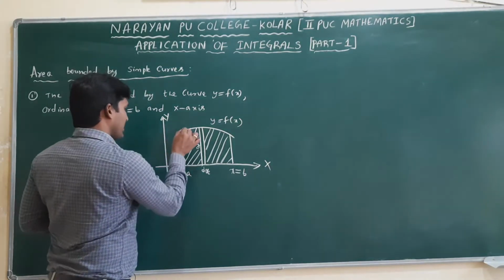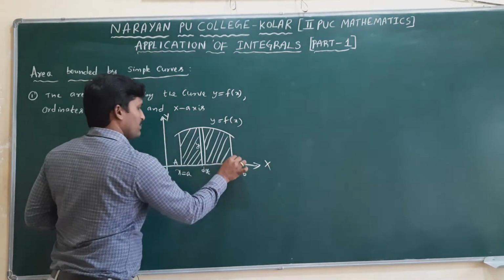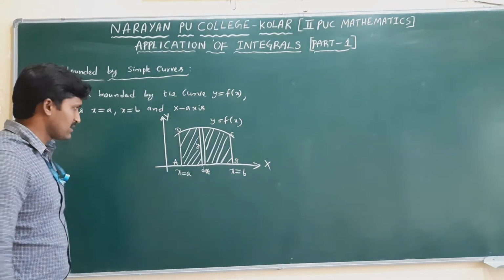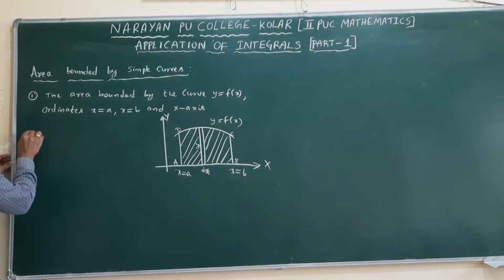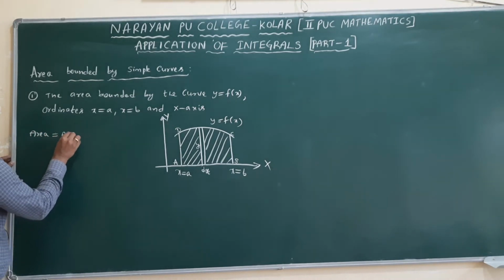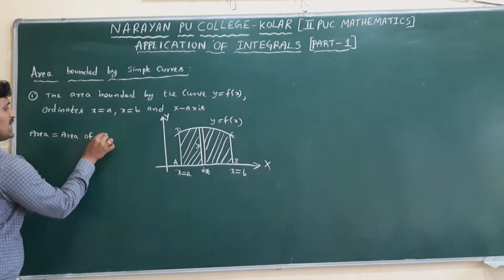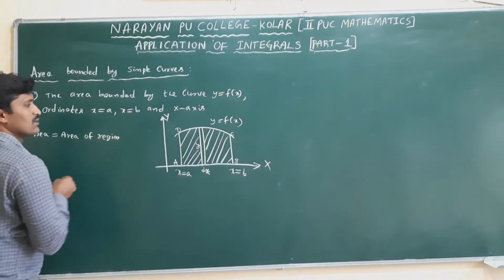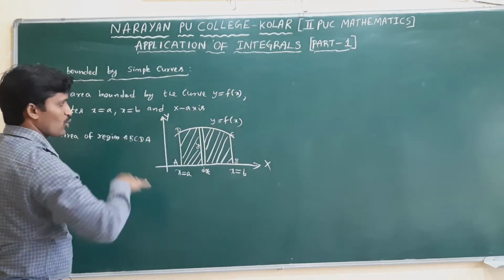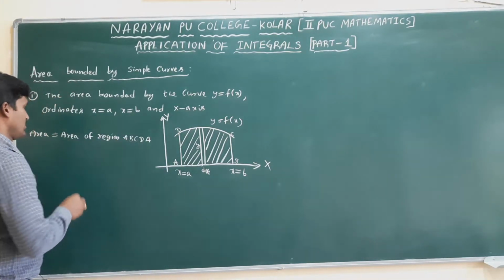Now I am representing this region as A, B, C, D. It is clearly a bounded region. To find this area, equal to the area of region A, B, C, D, A, because this is a closed, enclosed part.